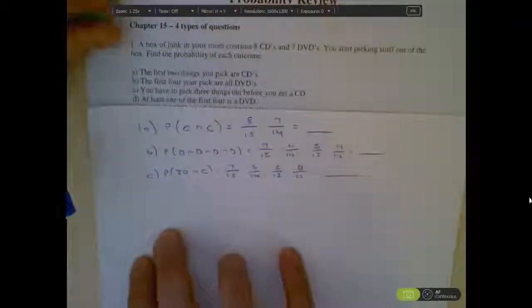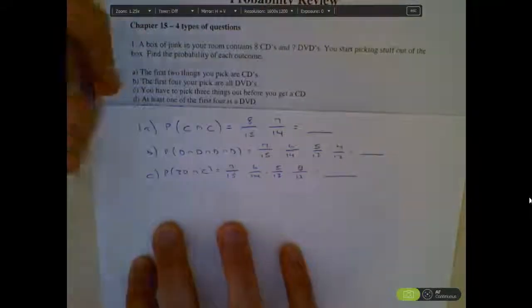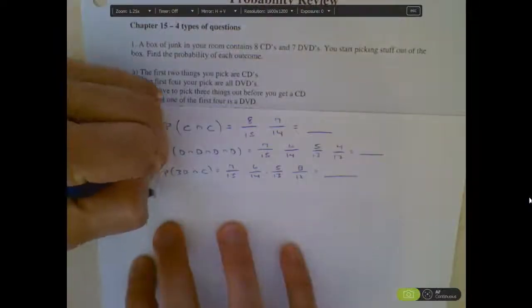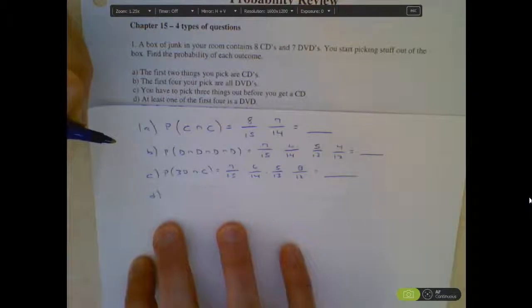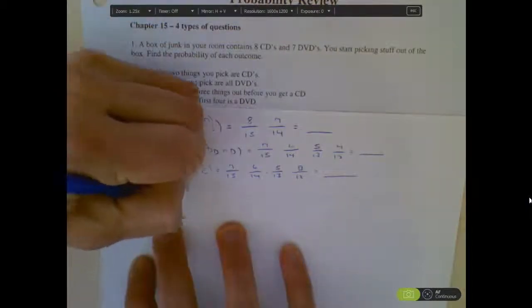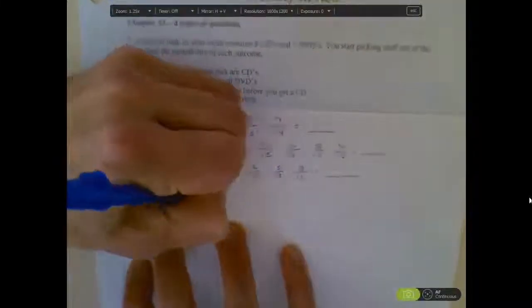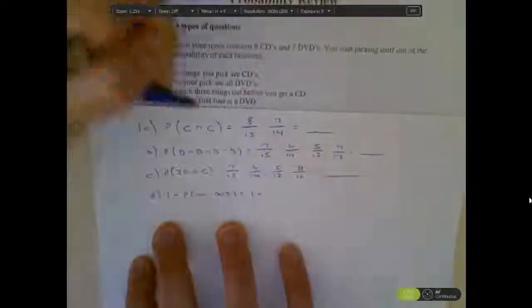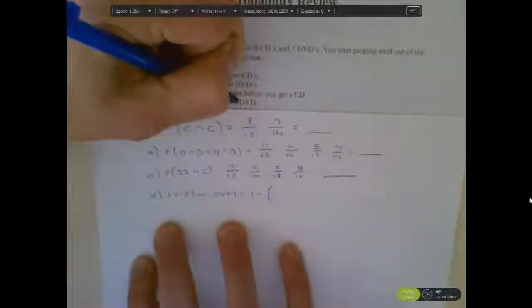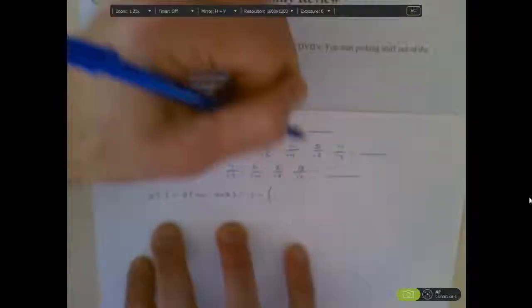For D, at least one of the first 4 is a DVD. So we talked about the at least during chapter 14. I need to think about the complement of that, and that would be 1 minus the probability that I get no DVDs. So in this case, it would be 1 minus, well, I'm picking 4, so it would be no DVD on the first one.